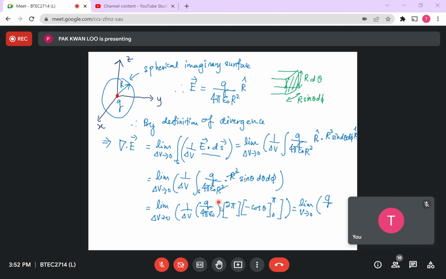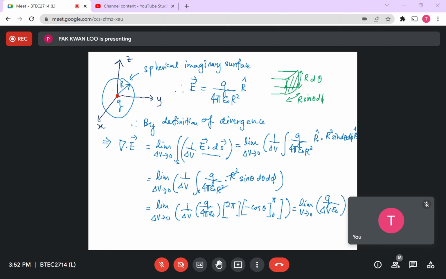So 2 times 2 pi is 4 pi. 4 pi and 4 pi can be simplified, leaving only q over epsilon naught. Yeah.